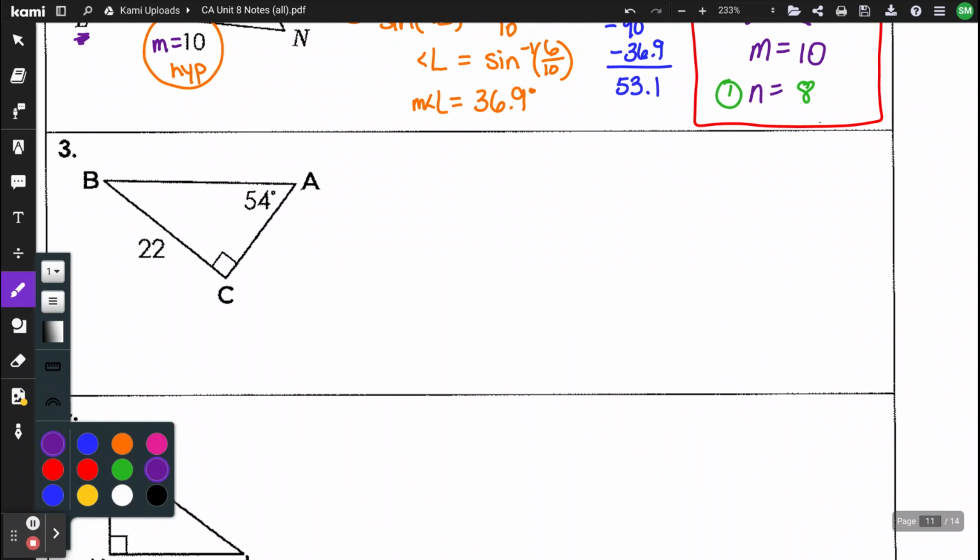So number 3, we have triangle ABC. We need to find the measure of angle A, the measure of angle B, the measure of angle C. And we need to find sides, little a, little b, little c.